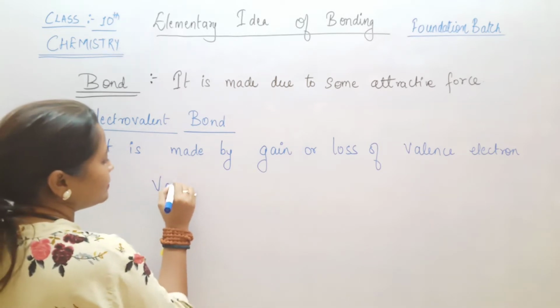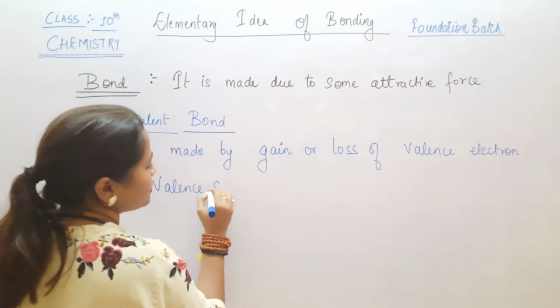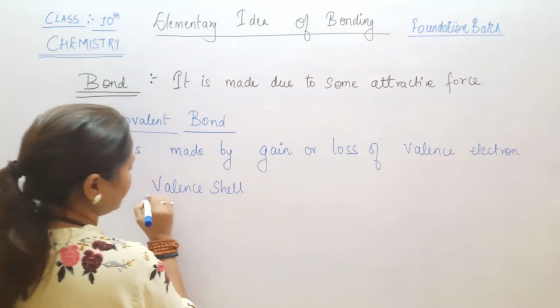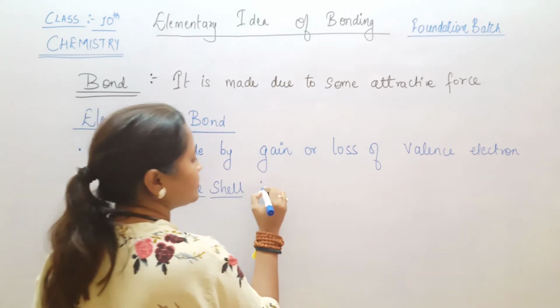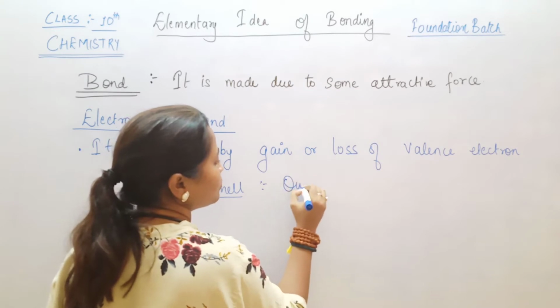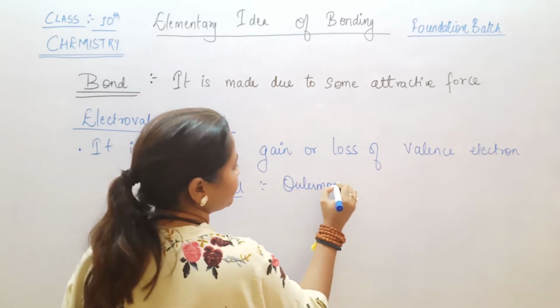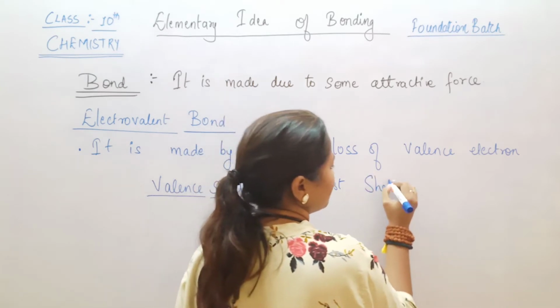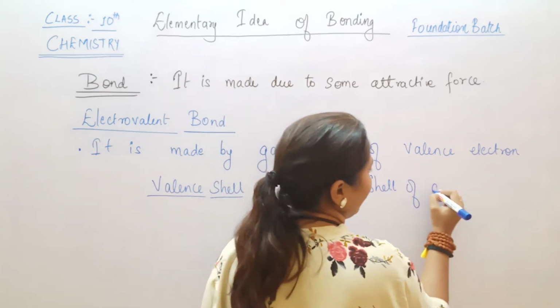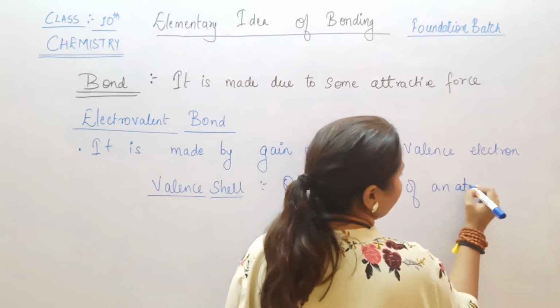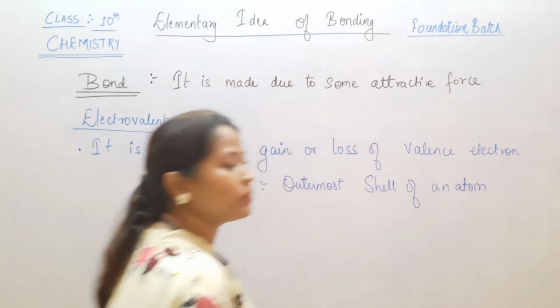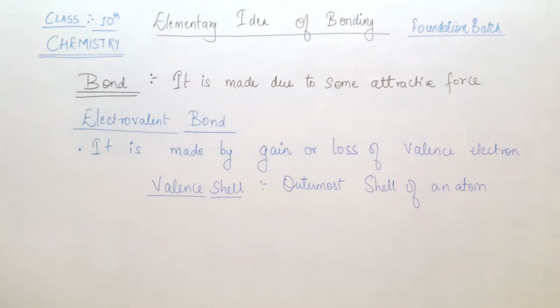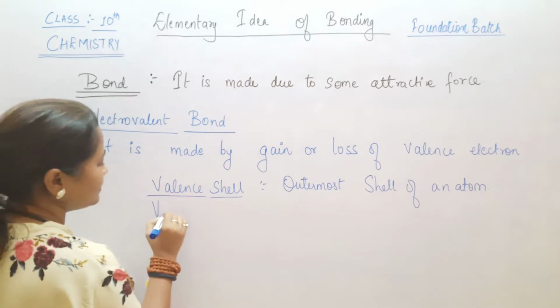What is a valence shell? It is nothing but the outermost shell of an atom. It is known as valence shell. ठीक है? Then what is valence electron?